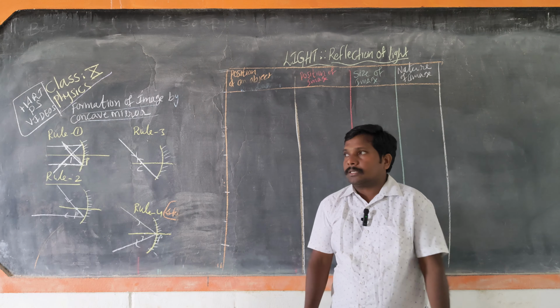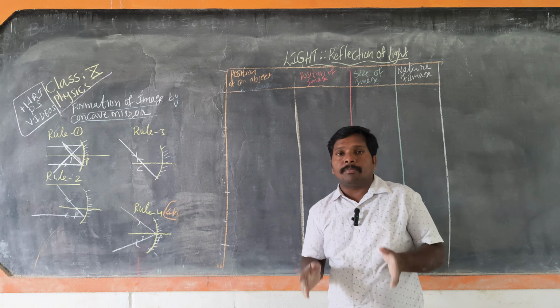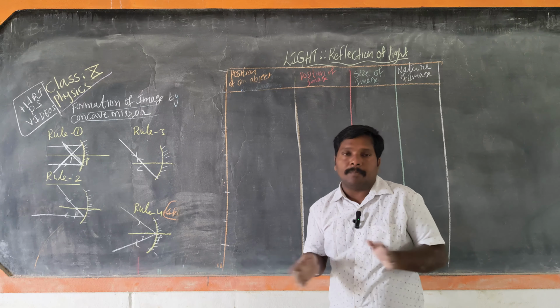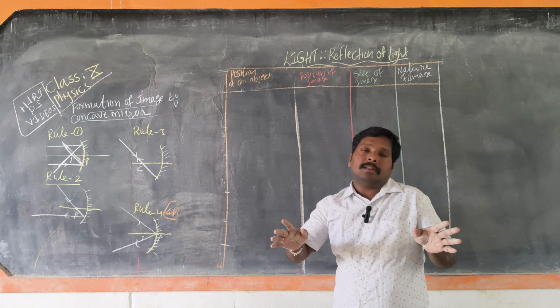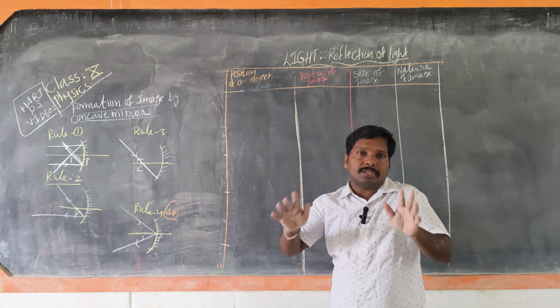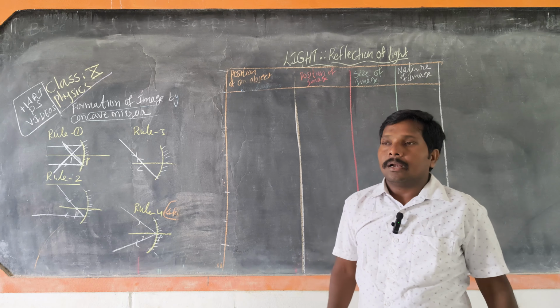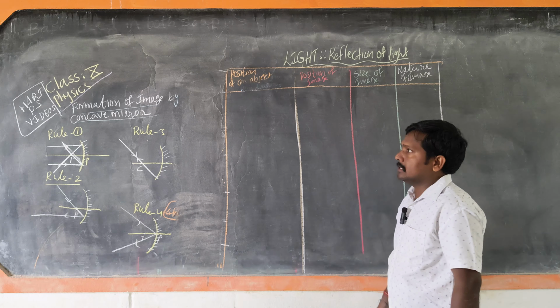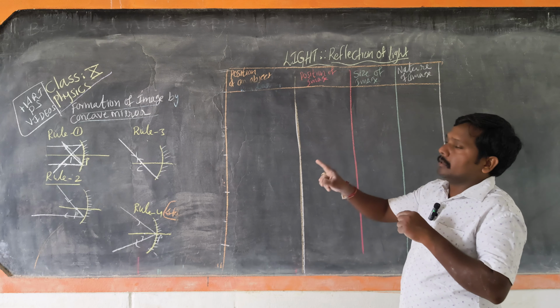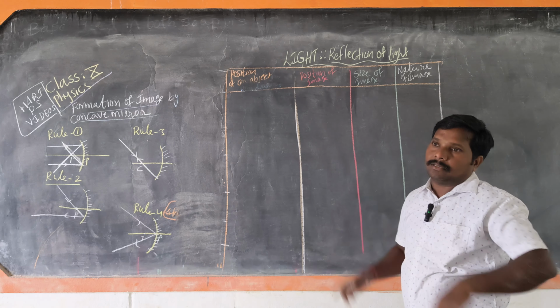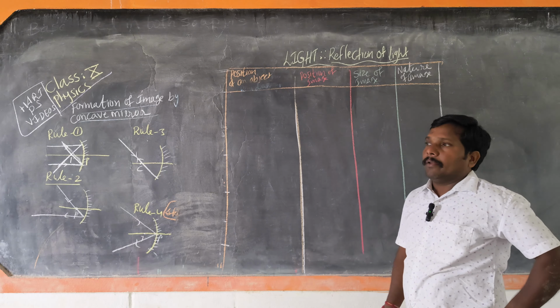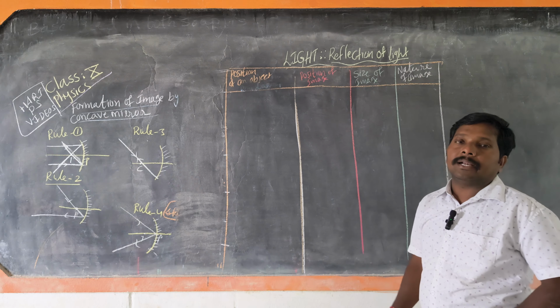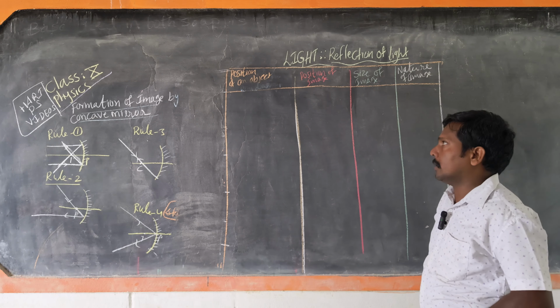As we discussed, how the image is obtained by a plane mirror, right? The position of the image, the nature of the image, right? Now let us discuss where the image of an object is formed when we place it in front of a concave mirror.